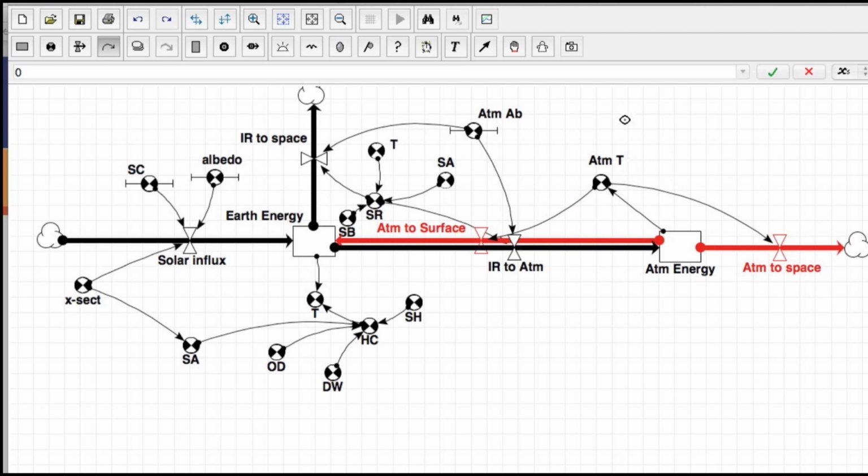But I also had surface area as we had before. So surface area comes in. Oh boy, this is going to get messy. Surface area comes in, as does the Stefan-Boltzmann constant, which got tucked in over here, unfortunately.